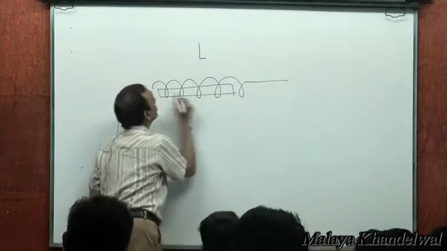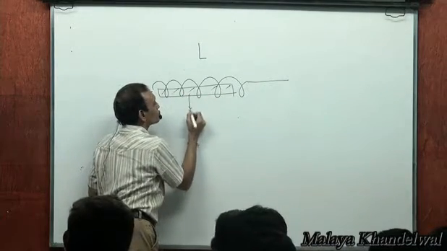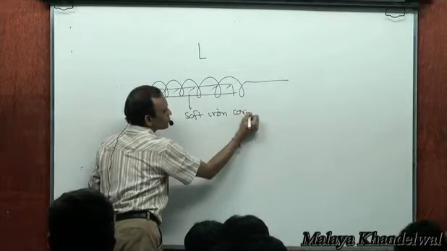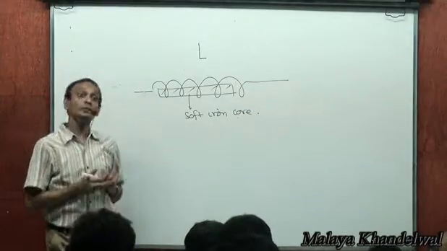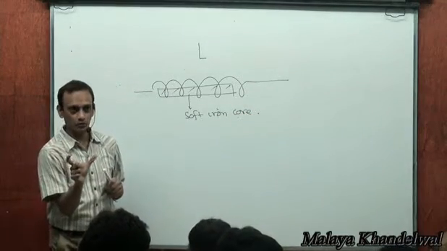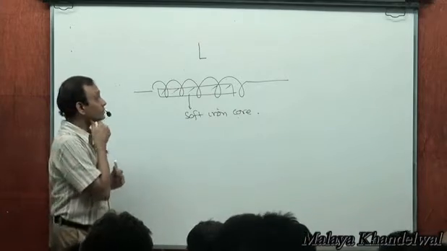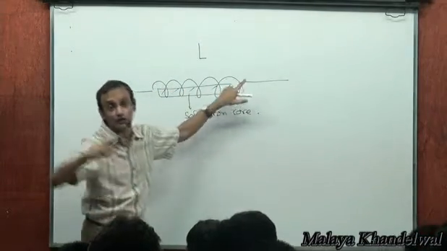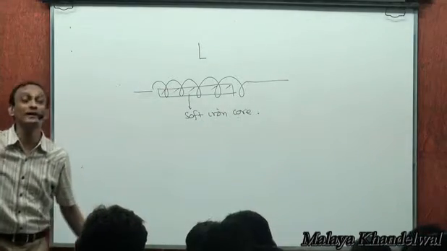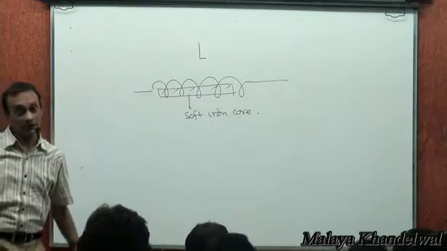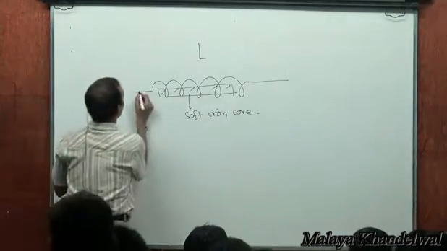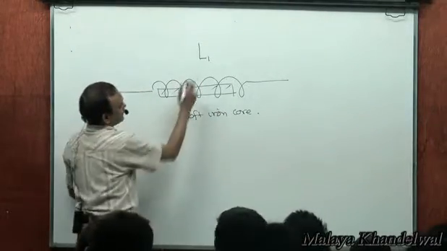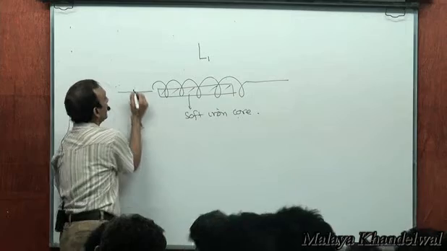For example, there could be a soft iron core. So the medium is different now in the inductor element, and L depends on the property of this medium. L will also depend, in addition to the geometry of this coil, on the property of the medium. Clear?